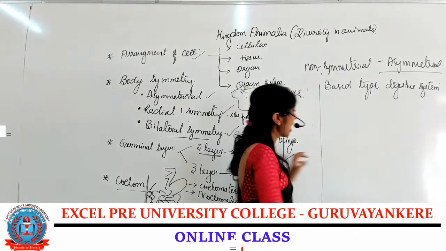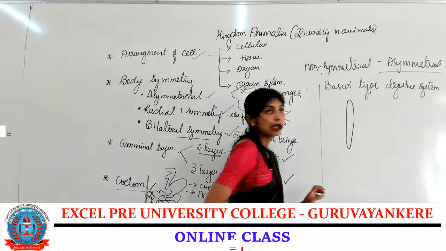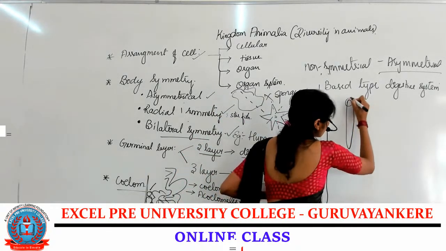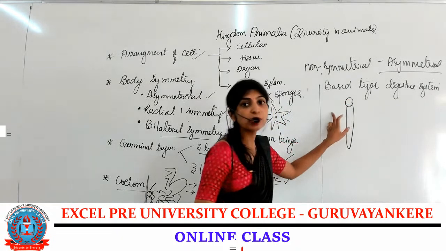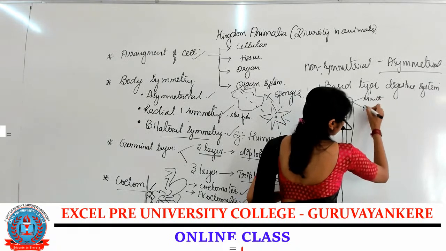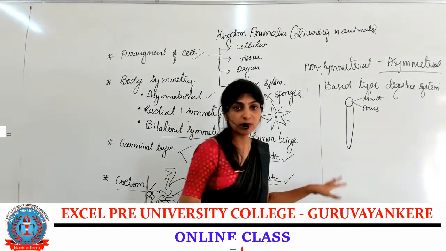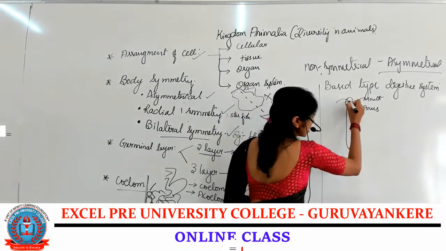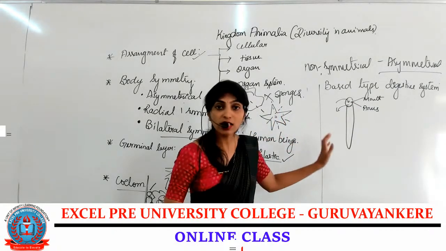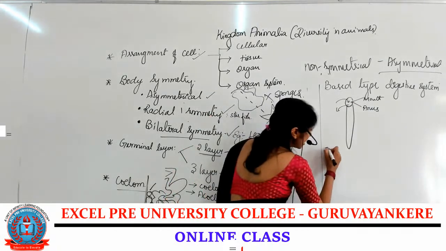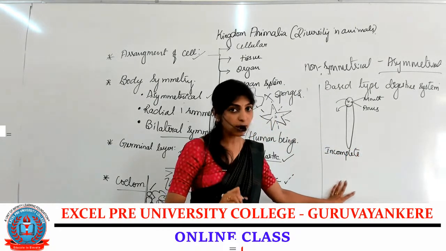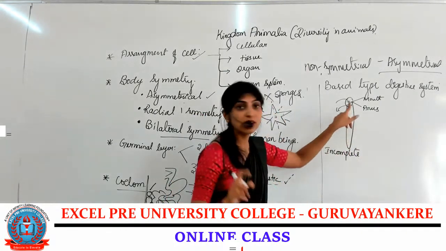Consider an organism that has only one common opening to the outside of the body, which acts as both mouth and anus. That means the food is taken in by this opening itself, and the waste product is thrown out by this same opening. We call that type of digestive system an incomplete digestive system. It is not complete because this organism has only one opening.